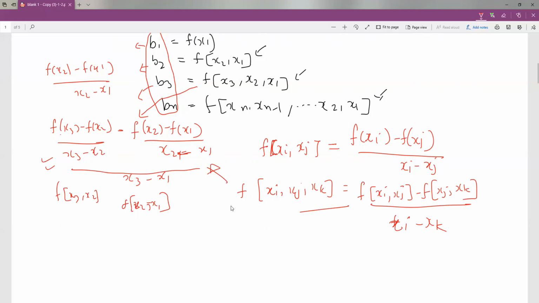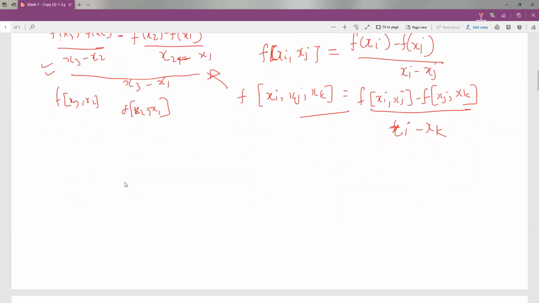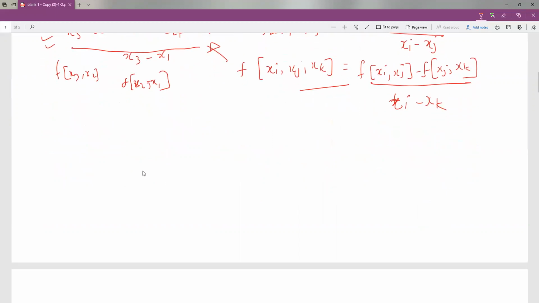Okay. Now I told you these differences can be used to evaluate the coefficients and to yield the general form of Newton's interpolating function. Now, in order to understand the use of this, we will take the same example we took in our last class.